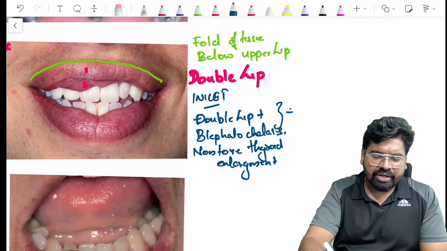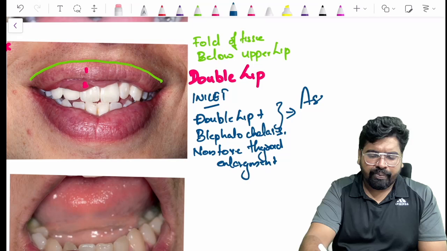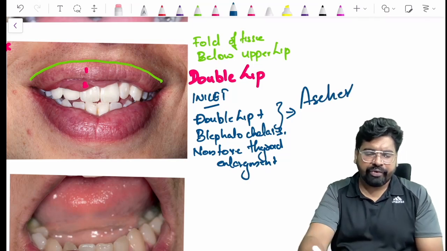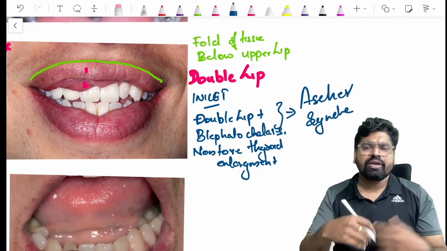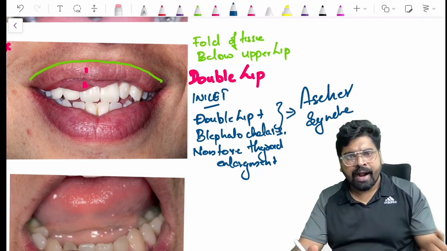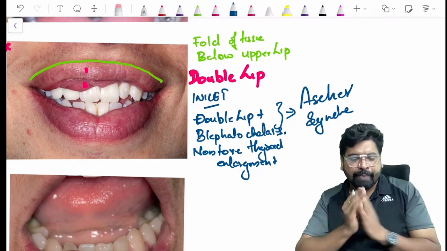Then that condition is called Ascher syndrome. Ascher syndrome is the condition where you see all these things. So this was another lip anomaly.